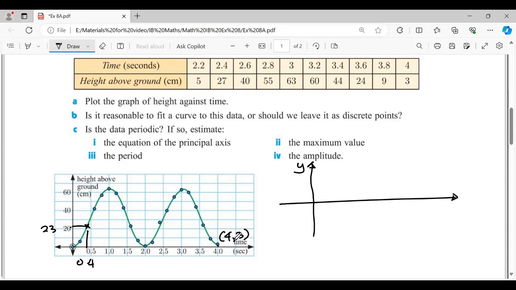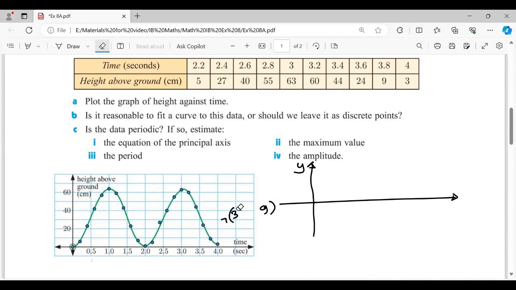This is coordinate point 3.8, comma 9. So after you find all the coordinate points, connecting all the coordinate points, you can create a graph like this.